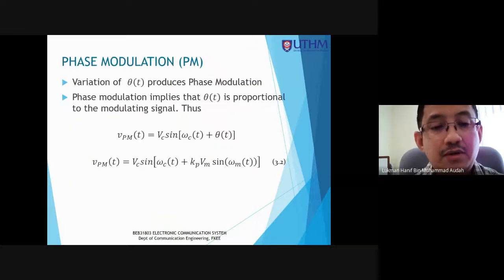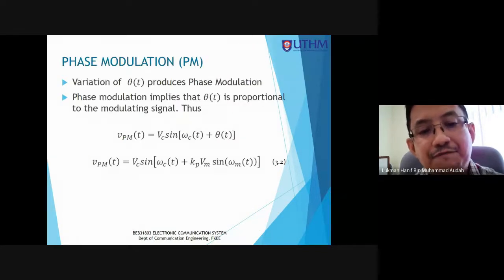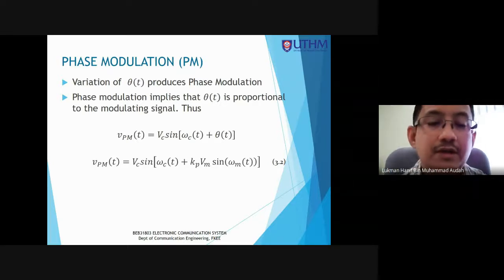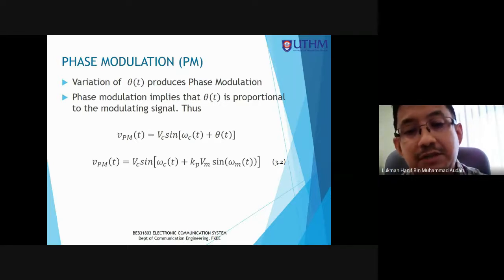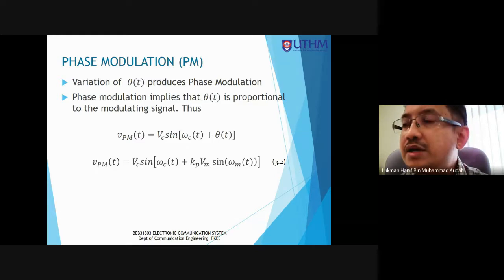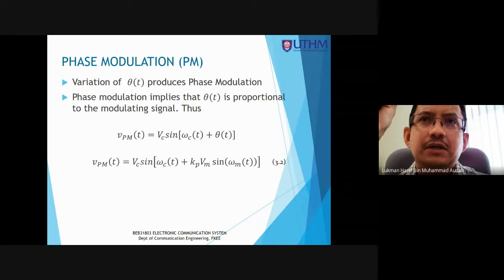Okay. And from there, we can define the complete equation of phase modulation. So phase modulation, I can say that the equation is easier compared to the FM because it is directly defined from the general equation.